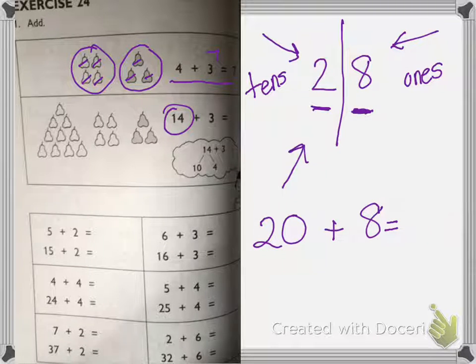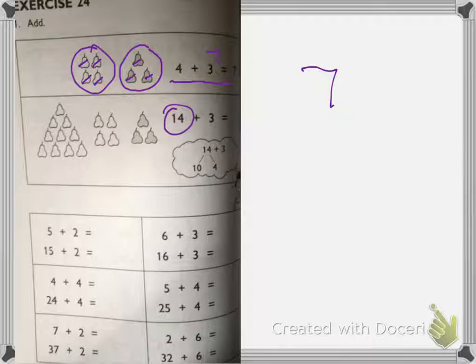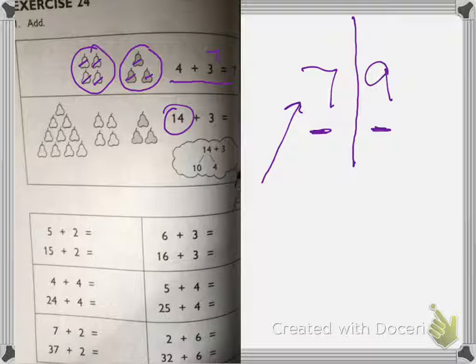It works the same way with larger 2-digit numbers too. We can take a number as big as 79. We have the tens right here and the ones right here. I'm going to draw a line just to make it easier to see. So here are the tens right here. And how many tens are there? There's 7 tens in 79.